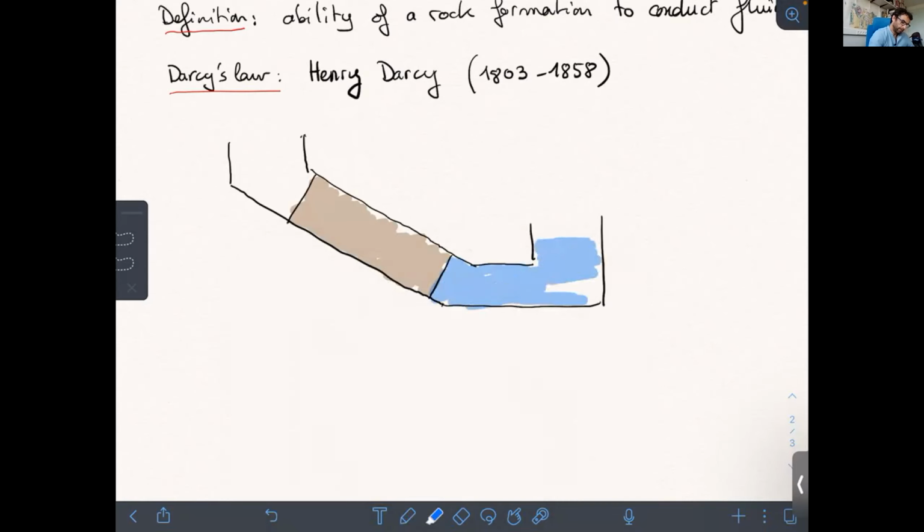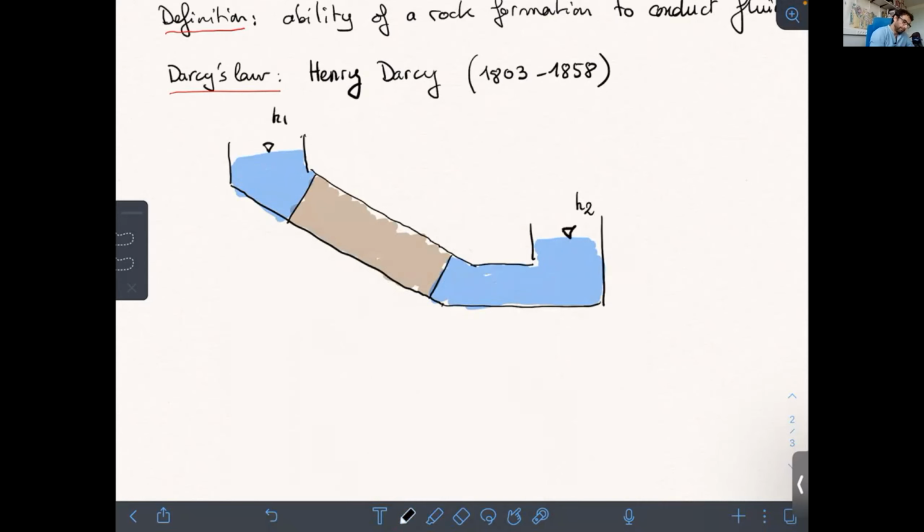One level here, low level on this side, and higher level on this side. Okay. So one level here that we will call H2, and one level here that we'll call H1.